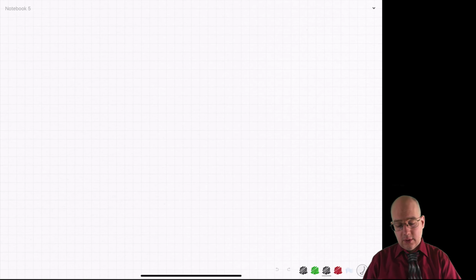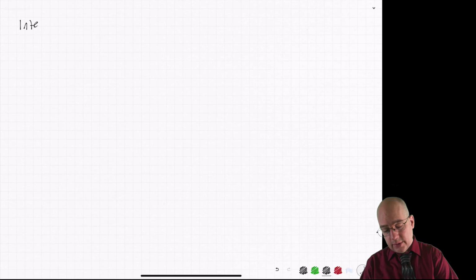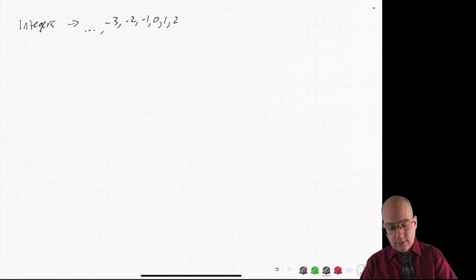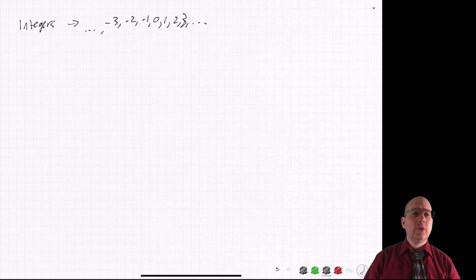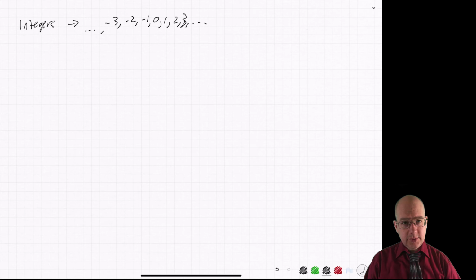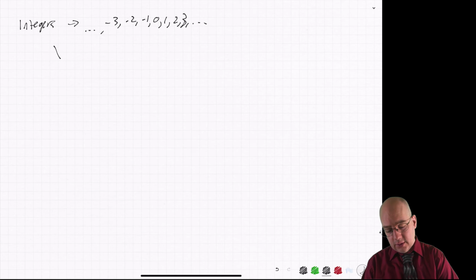Now let's talk a little bit about integers. These are the negative numbers. All right, so where are they coming from? Well, the simplest place to come from is simply wanting to kind of undo addition.